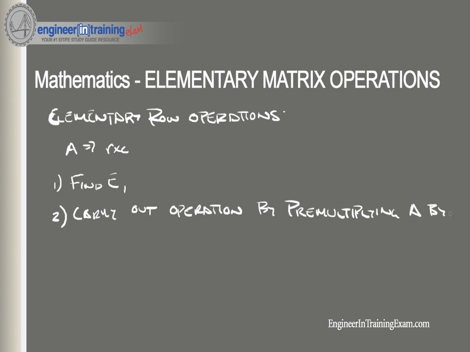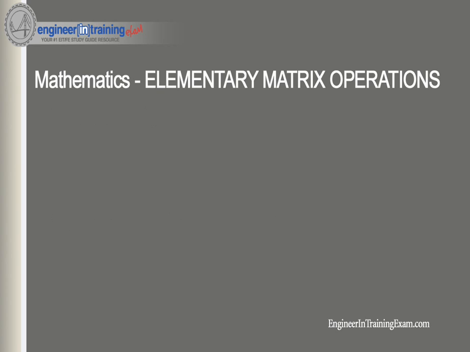So now that we've defined it, let's look at an example. This would probably help you guys better understand it. Let's say that we have a 3 by 2 matrix, and the matrix has elements 0, 1, 2, 3, 4, 5. Now we are asked to interchange the second and third rows.